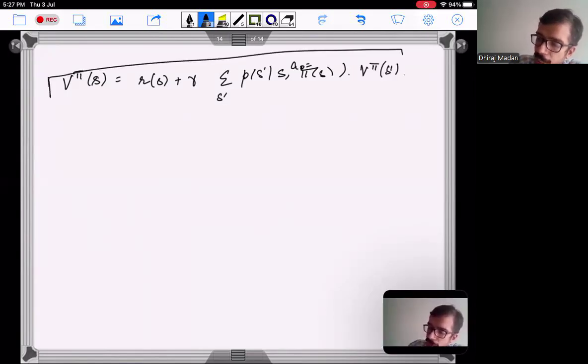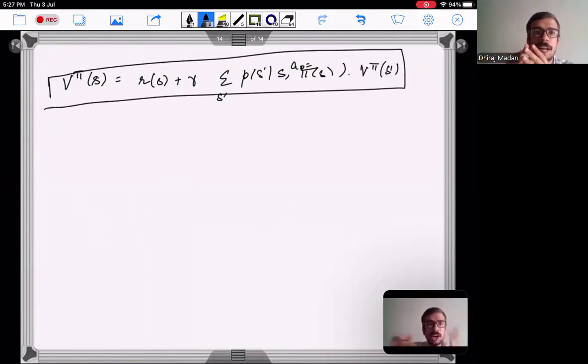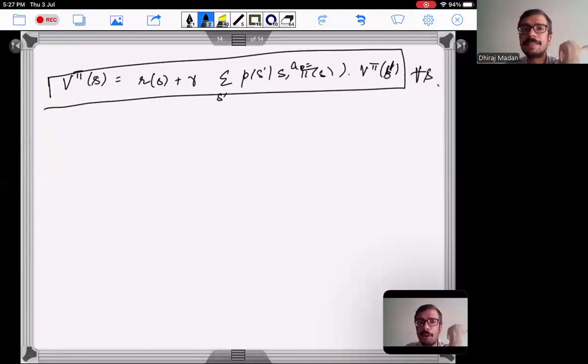Now I'm not writing it in terms of S naught and S1. I just want to be clear that this is true for every state. S1 indicates a specific state in the trajectory, which is what we had when we wrote down the equation, but now we can substitute any state, and this is true for all S. So we have mod S equations in mod S variables, and you can solve for these.